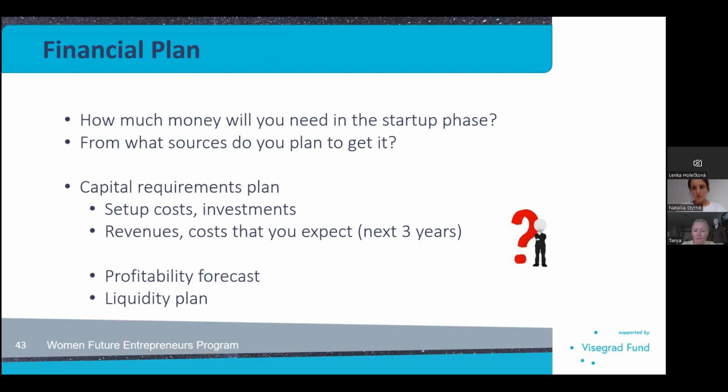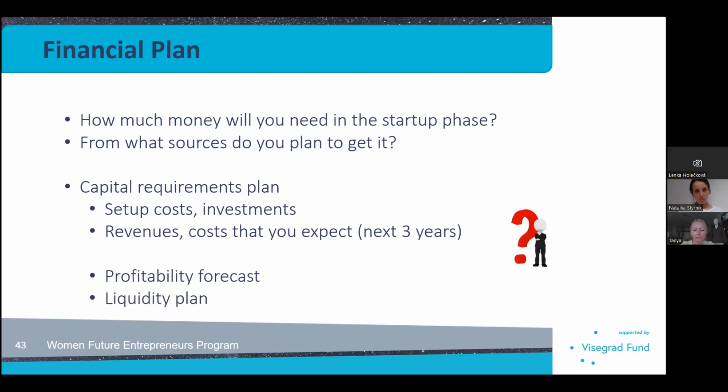From what sources do you plan to get it? Because we need to have some cash at the very beginning of our business. Do we have enough cash, our own equity, or do we need any loan? Is it possible for us to be given this loan from a bank, from a potential investor, etc.? So we can think about our starting capital in the startup phase.